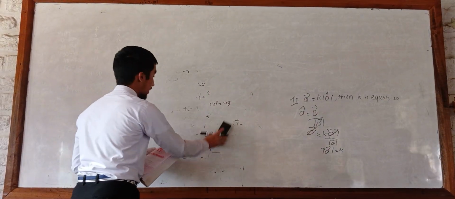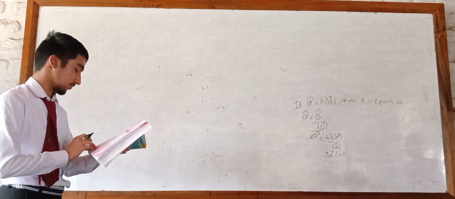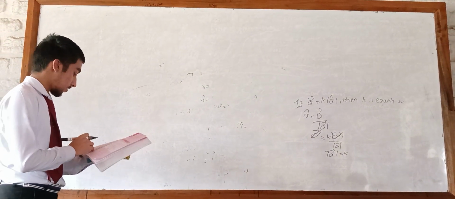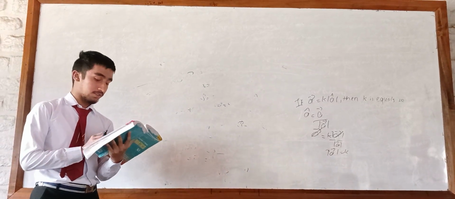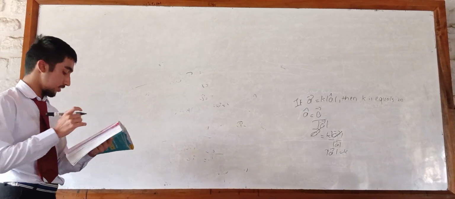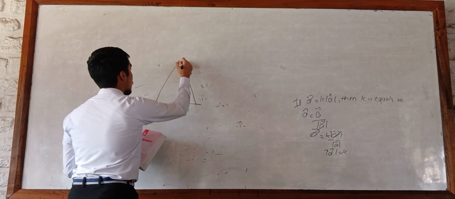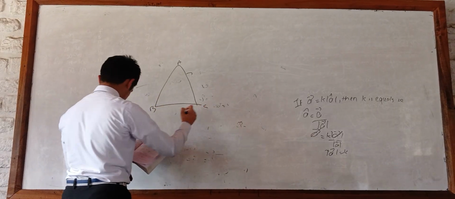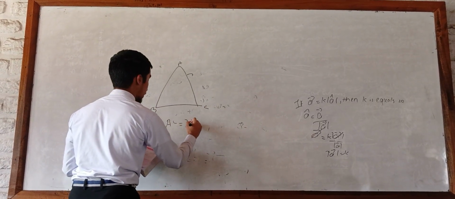Now I will do one last question, which is our question number 14. If A vector and B vector are the position vectors of A and B respectively, find the position vector of C on AB produced such that AC equals 3 times AB. We are given the condition AC equals 3 times AB.